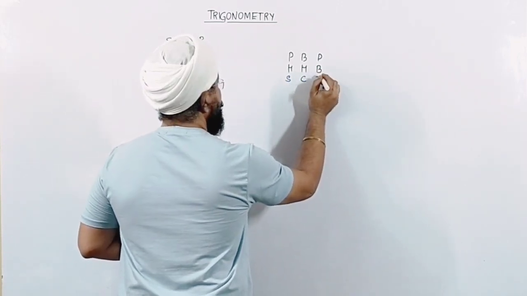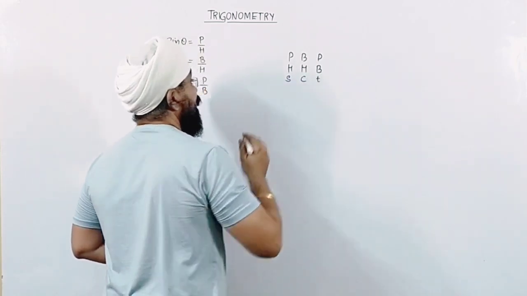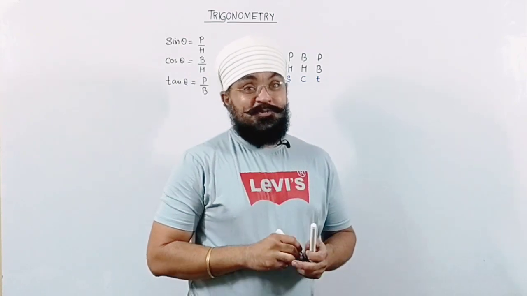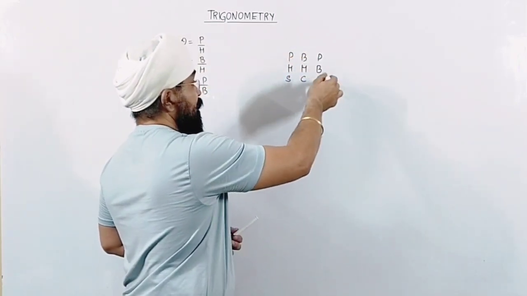I am writing this in capital, or I should write small letters, as I already told you. So the student used to spell this one as Pandit Badri Prasad har har bole, sona chandi tole.